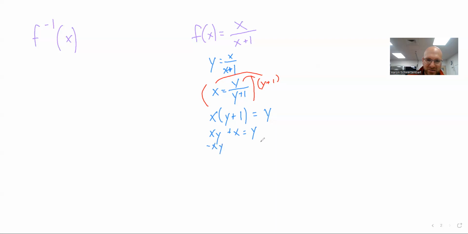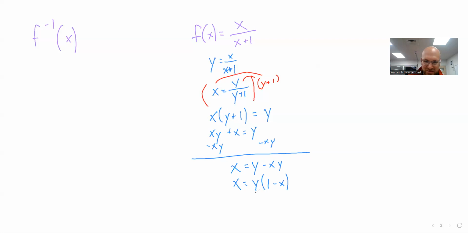I'm going to subtract xy from both sides to get the y's together. Yes, I'm separating the x's. I'll bring them back together later. The reason I need to get the y's together is here I'm going to factor out a y, because y is common to both of those.